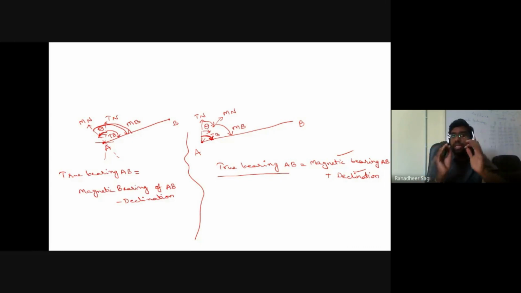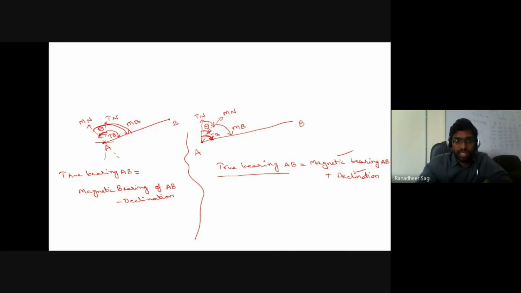Go back to the statement that I made earlier. In case the true bearing is to be calculated when magnetic bearing and declination data is given, when to use the plus symbol, and when to use the minus symbol? The plus symbol has to be used in case your magnetic declination is towards east. You can see here, magnetic declination is towards your east direction.